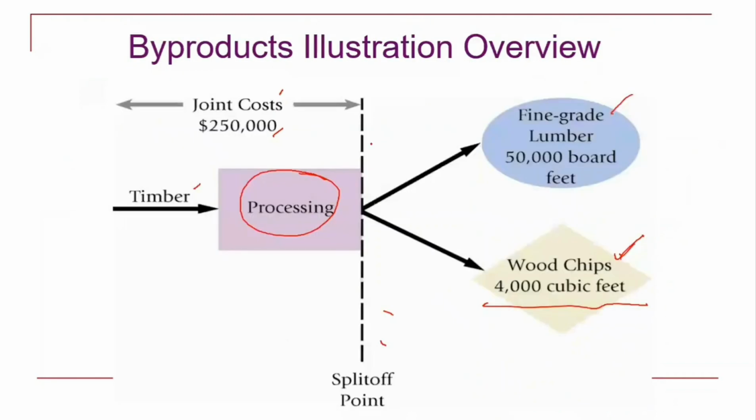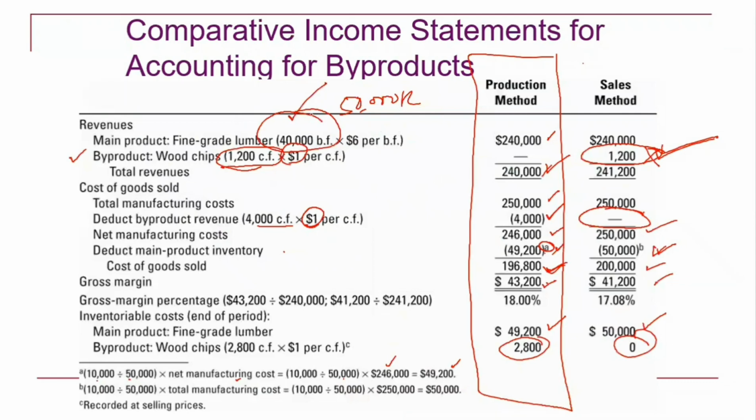Diba? Balik tayo. Ito. 50,000 po yung na-produce na fine grade na lumber. So, 40,000 yung nabenta. Ang naiwan po ay 10,000 units para sa ating ending inventory. Okay po? Kaya po nagkaroon ng 10 over 50,000 para makuha lang natin yung cost ng ending inventory.